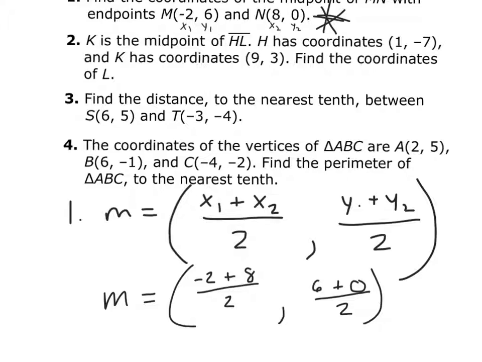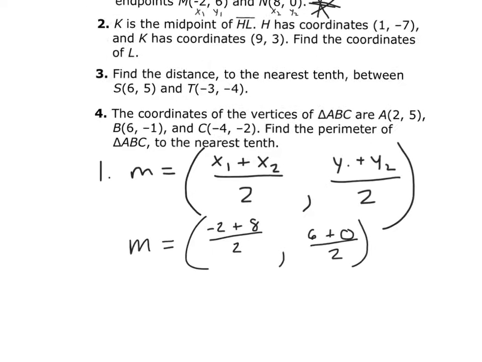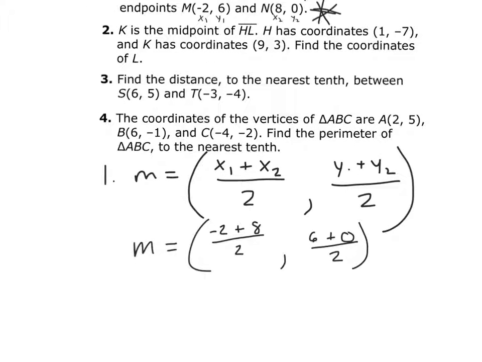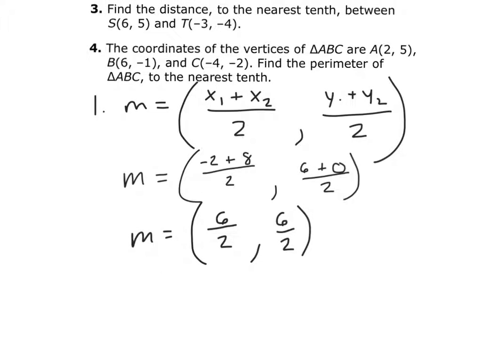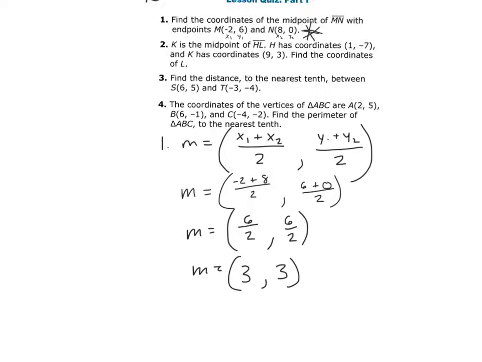That way you know exactly what you're plugging into the formula. So now -2 plus 8 is 6 over 2, and 6 plus 0 is 6 over 2. 6 over 2 is equal to 3. So our midpoint would be (3, 3). So that's number 1.